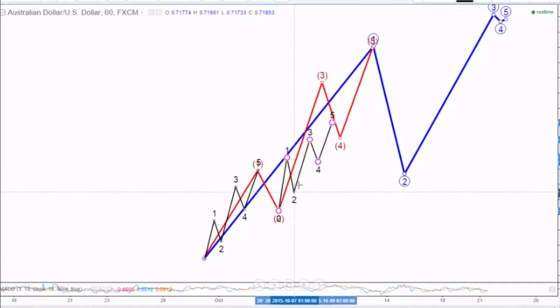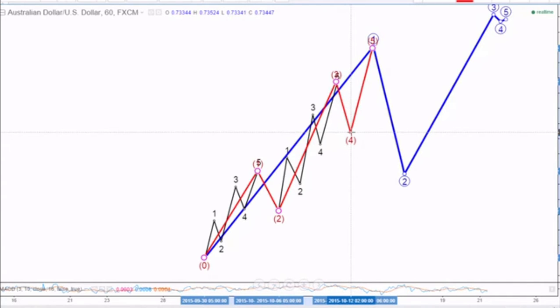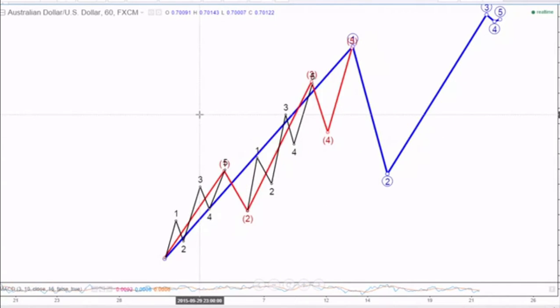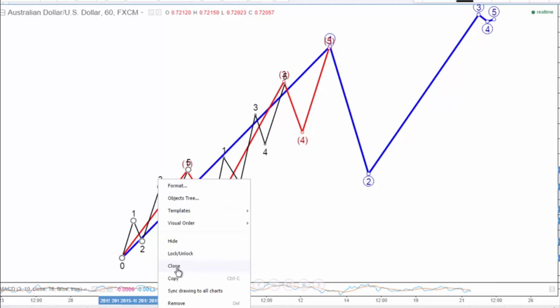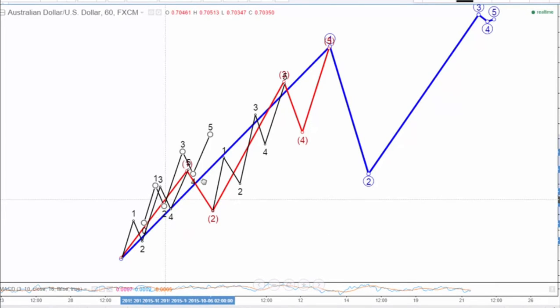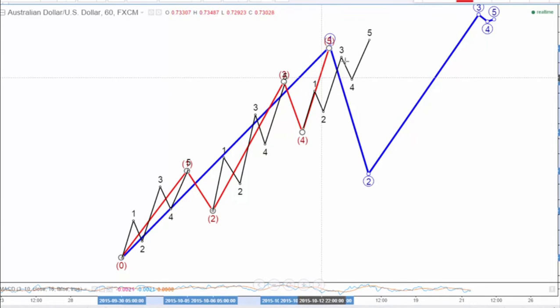I want to give a good representation of what we have here. And let's just clone this again one last time, and we'll get everything organized.